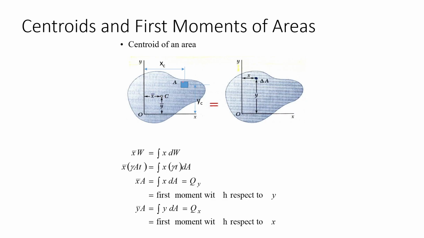So this will be our representative area or our delta A. Delta A will most likely transmute into the differential area. But this is the formula here, differential area. So the distance going to this differential area becomes x sub c and then y sub c. That's why you have x sub c here and then you have y sub c on the right side.